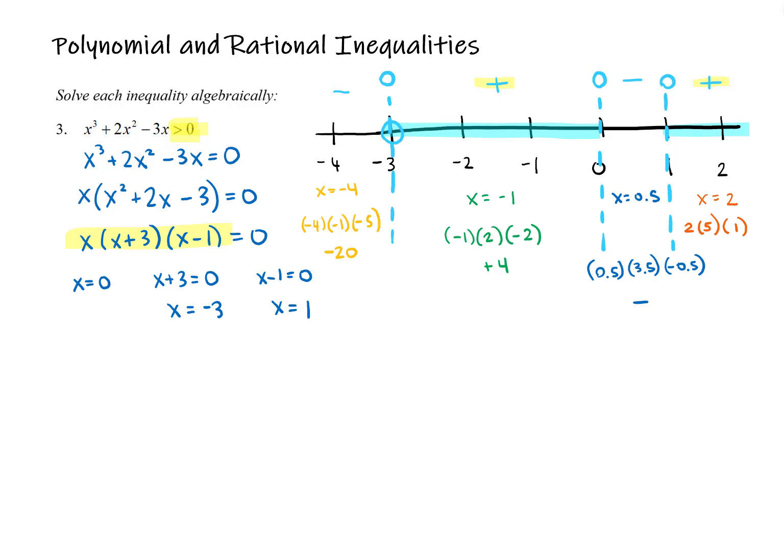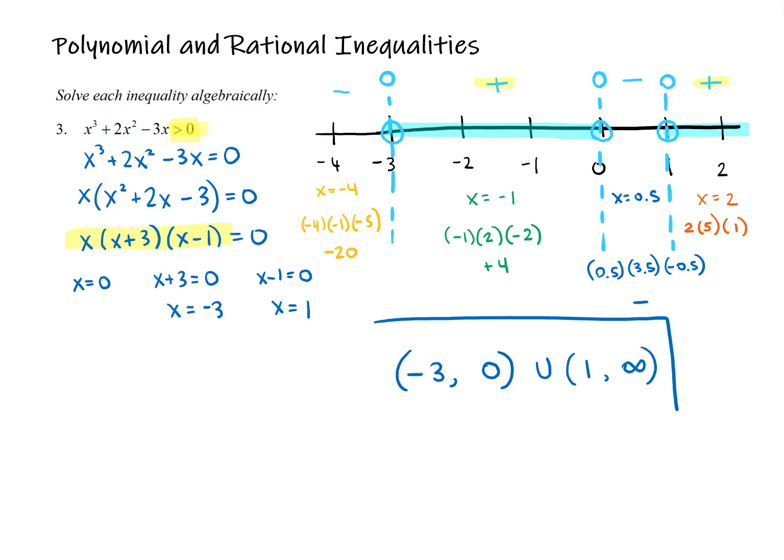So I want to include the two regions, but not their endpoints. Let me write this in interval notation. I'm going to go from negative 3 to 0, not including the negative 3, not including the 0. And then I'm also going to go from 1 to infinity, not including the 1, not including the infinity.